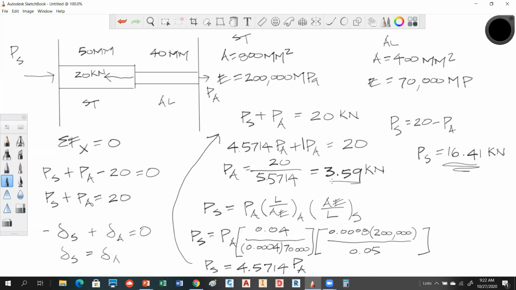There's one answer. There's another answer. So further, what you could answer now is if you were asked, what would be the stress in the steel and what would be the stress in the aluminum? Could you answer that question now? If we wanted to know the stress in the steel and the stress of the aluminum, is that something we could answer? What's the definition of stress?